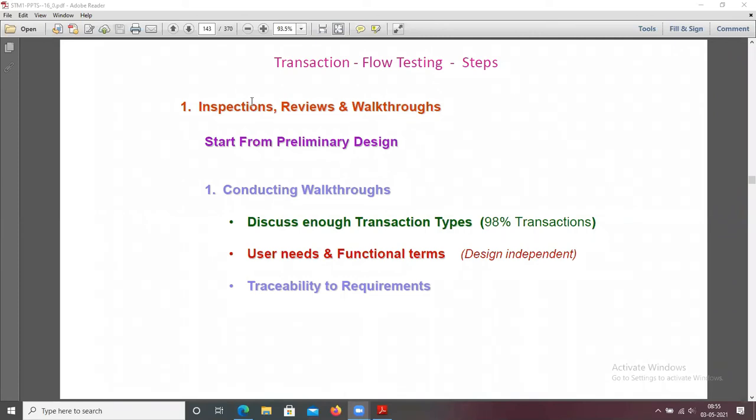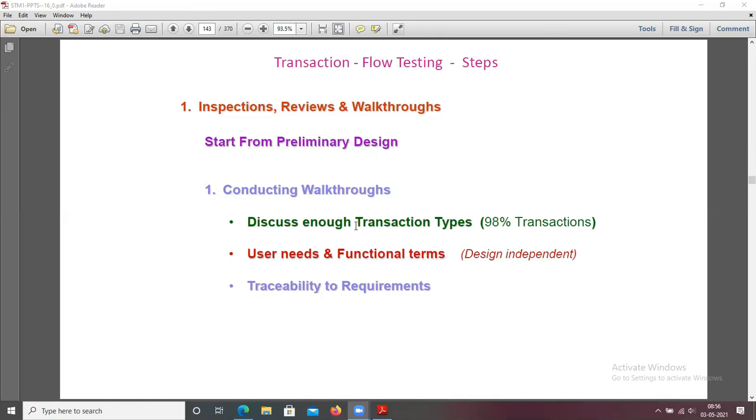Next, reviews are conducted to identify errors in semantic documents. This includes review planning, review zero, document information, preparing the review meeting, the objective of the review meeting, and scheduling the review.